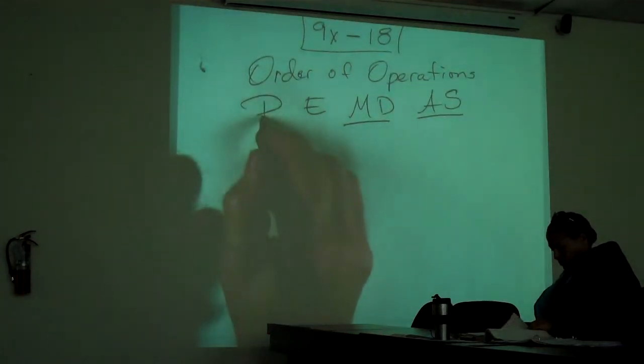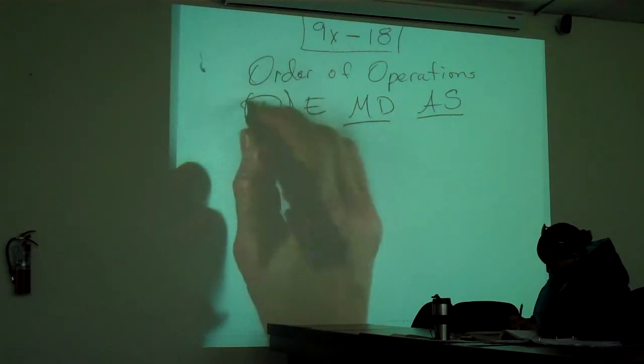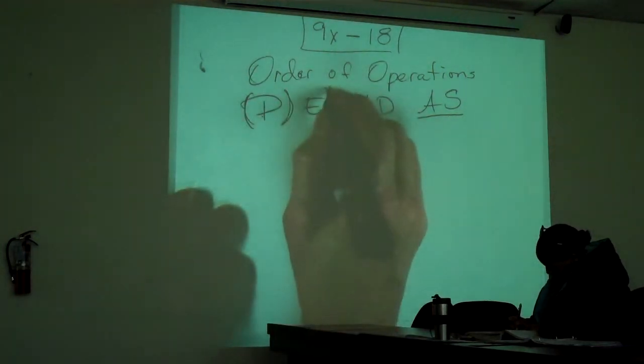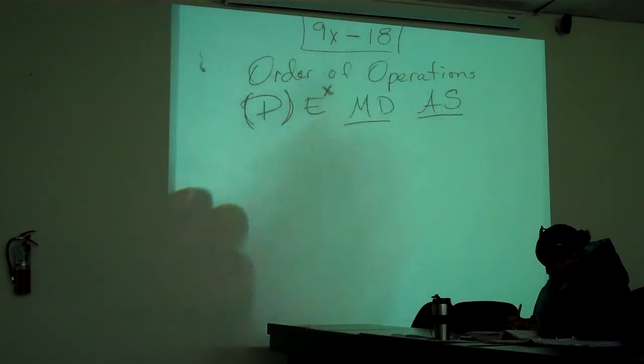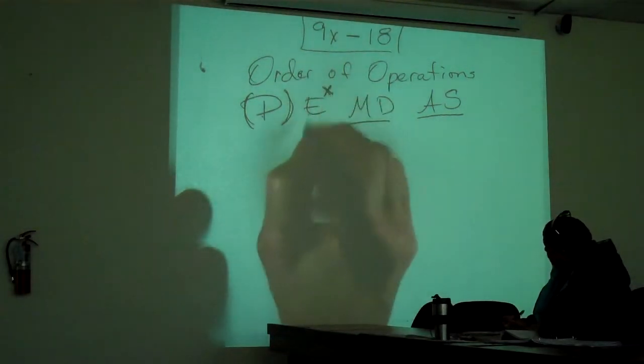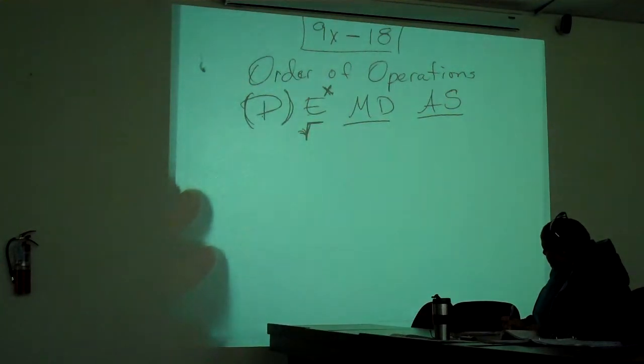Okay. P is parentheses, right? P is your parentheses. E is your exponents. And what's the opposite of a square? Square root. This is your exponents and your square roots. Okay?